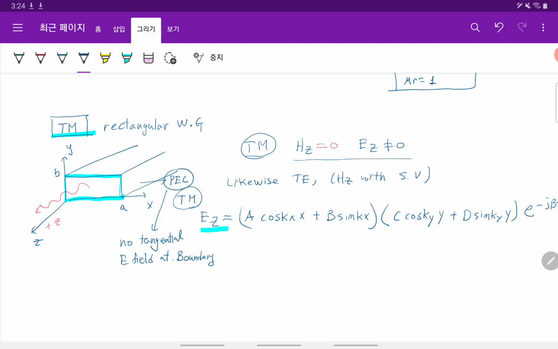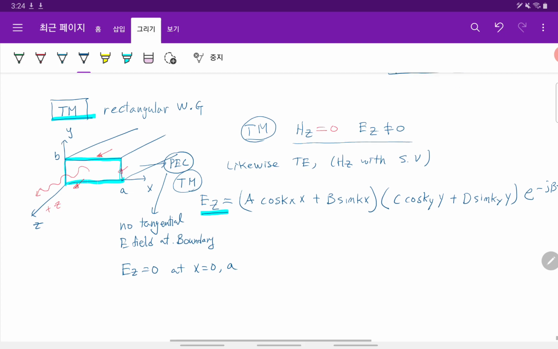So what does it mean? Ez is this direction, so Ez is always tangential to all the surfaces. So Ez should be 0 at x is 0 and x is a. Ez should be 0 when y is 0 and b.